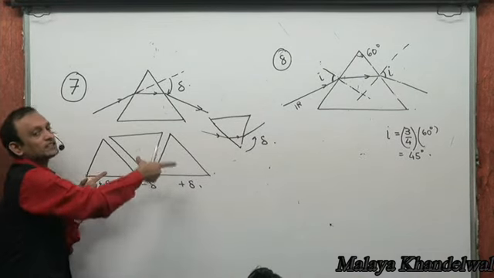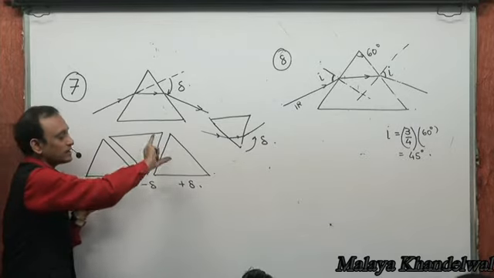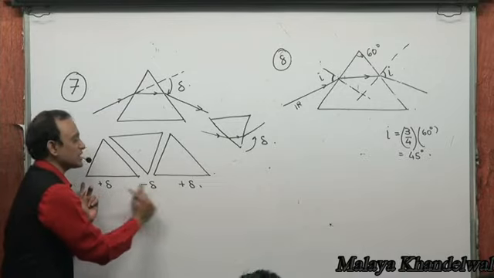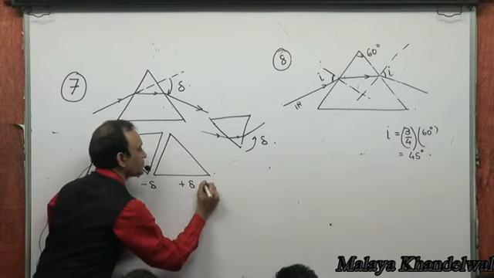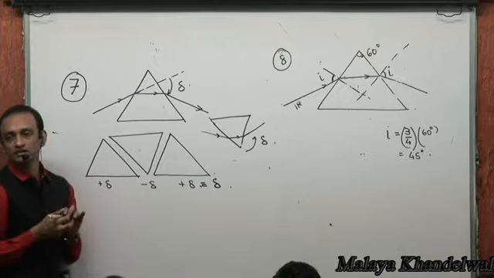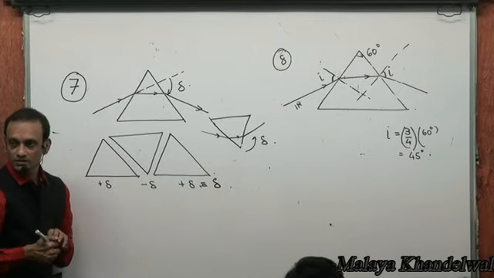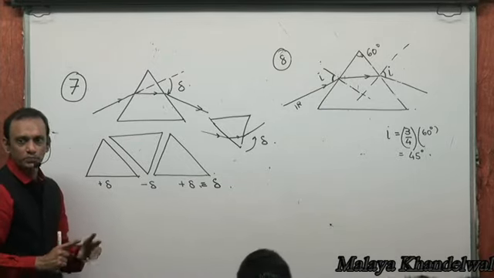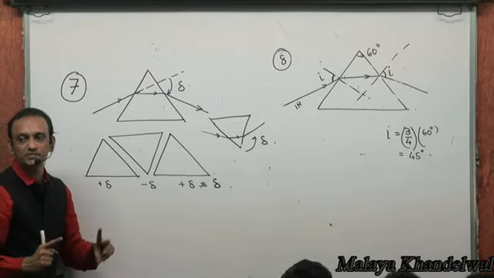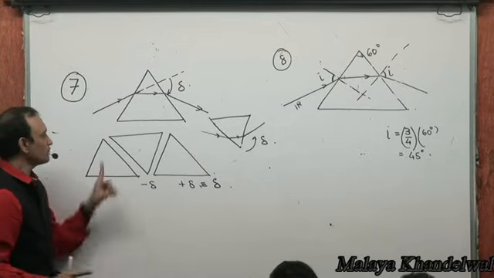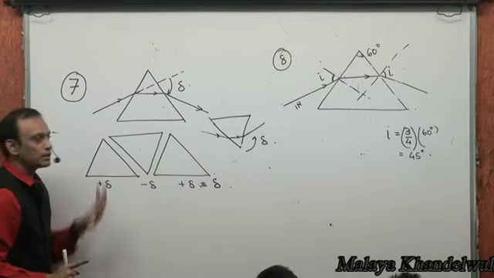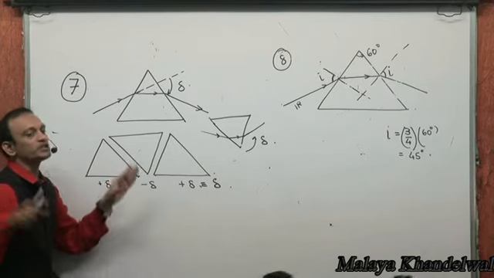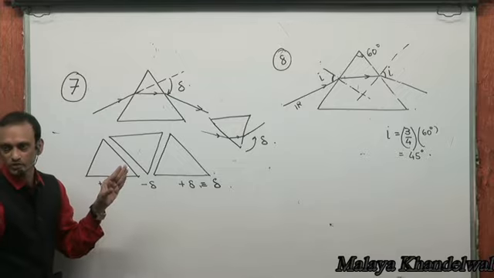This one would produce delta anti-clockwise, so minus delta. And this one would produce delta clockwise. So the net deviation is delta minus delta plus delta. Effectively, it produces a minimum deviation delta. So the minimum deviation produced by 3 such identical prisms is going to be delta, if we orient them in this manner, plus delta, minus delta, plus delta, because of the direction sense in which deviation is produced.